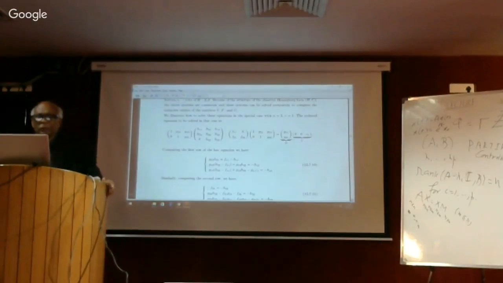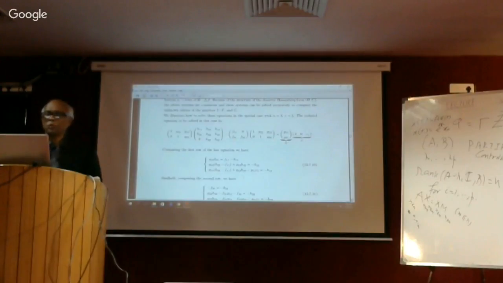So if you compare the first row of the first equation, it's the first row of the first equation, not the last, that was a mistake. Then what do you get? You get this equation: y12 h21 equal to f1 minus h1. Remember, everything here is known except y12, right?